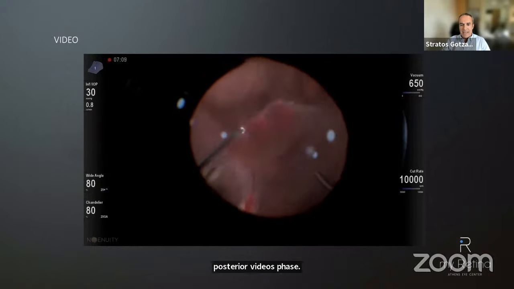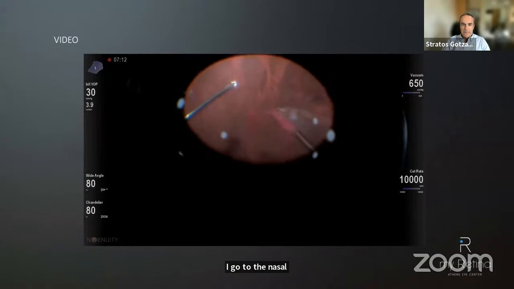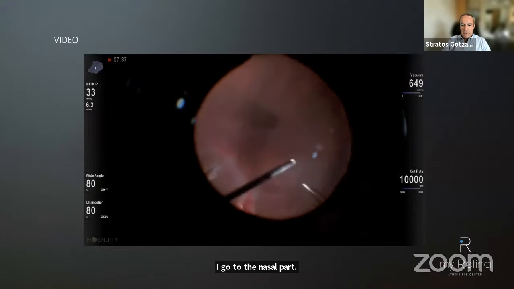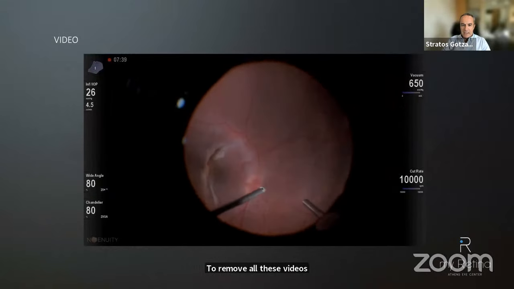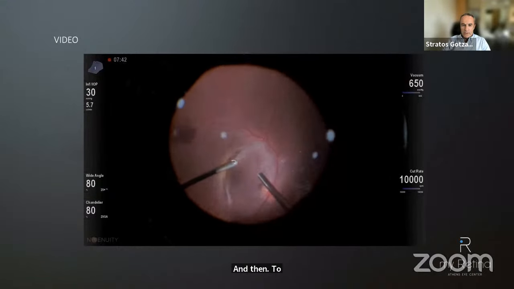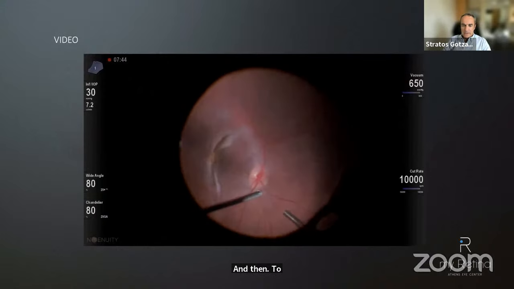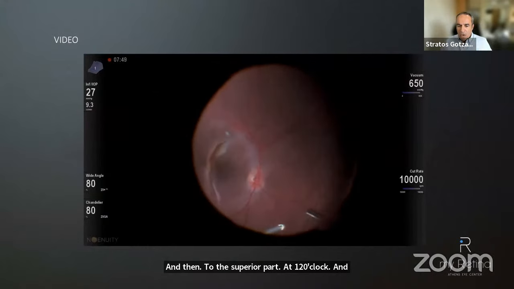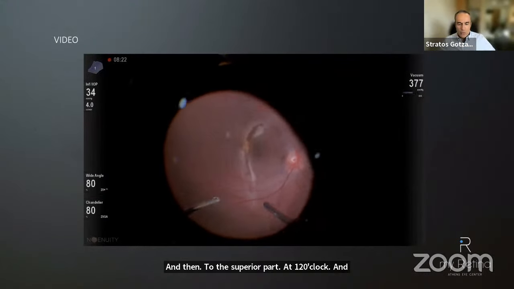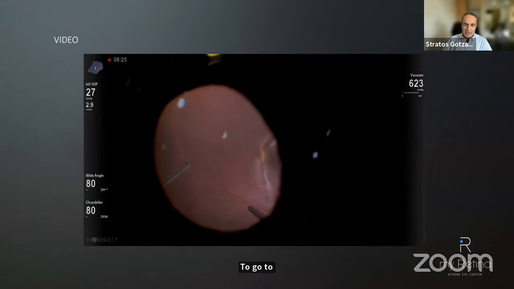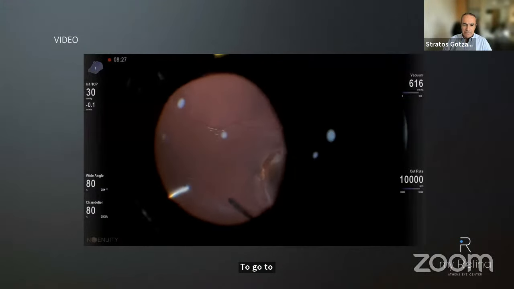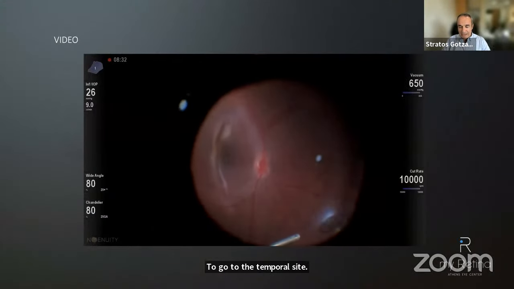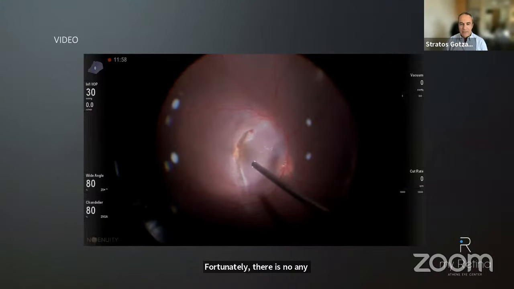I go to the nasal part to remove all this vitreous, and then to the superior part at 12 o'clock, and gradually, little by little, over the disc to go to the temporal side. Fortunately, there is no traction on the damaged retina.